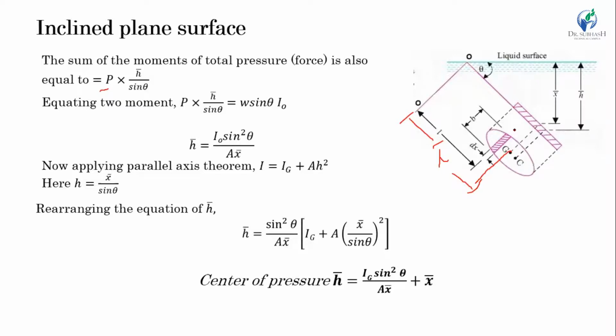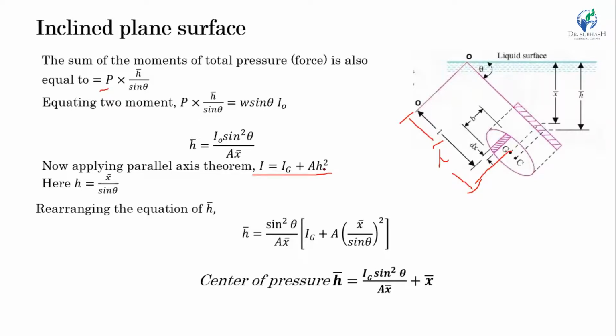But we readily have the moment of inertia about the axis passing through the CG. So to transfer I0 to the moment of inertia about the axis through the CG, we apply the parallel axis theorem, which is I equal to Ig plus A H square.